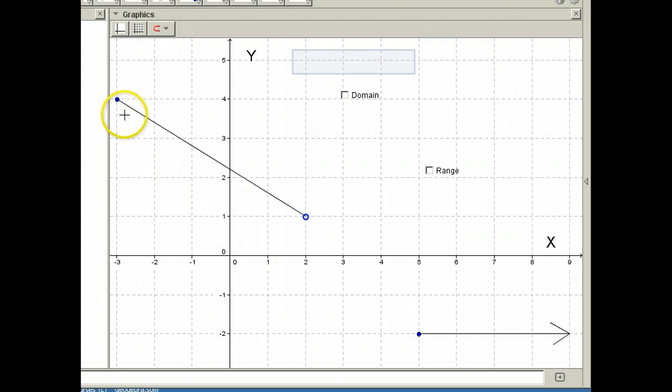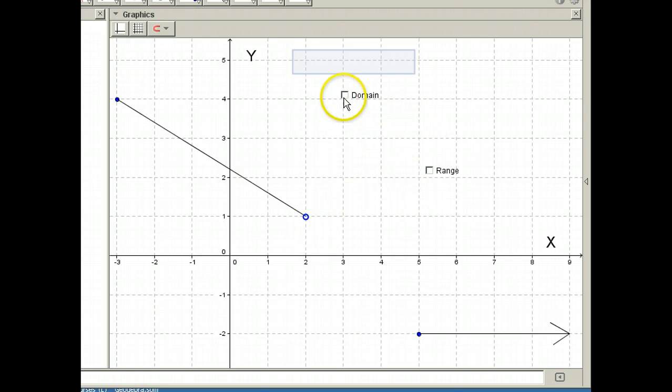This closed dot means that -3 is part of the graph, but this open circle means that there's not really a point there, that this function goes all the way up to this point, but doesn't quite get to this point. So when we describe the domain, we have to say that x is between -3 and +2, but that it can't also equal 2.